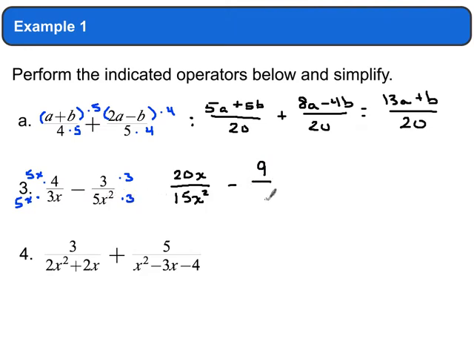And 3 times 5x squared is also 15x squared. Remember, that's our goal. Our goal is common denominators. So now I could subtract, but these are not like terms. So my answer ends up being 20x minus 9 over 15x squared.